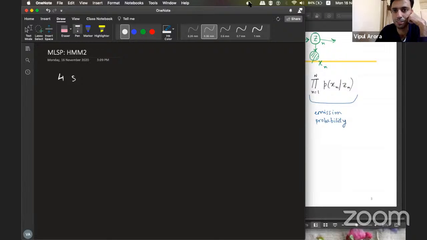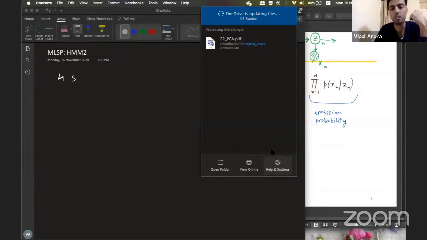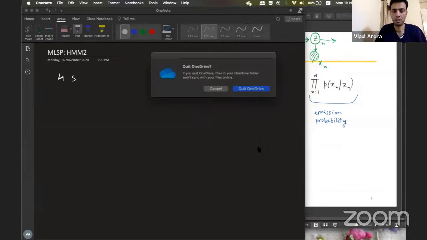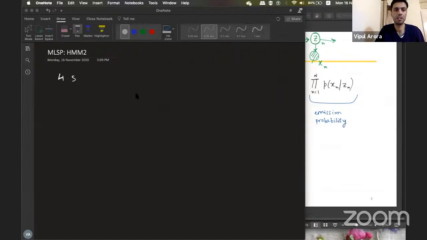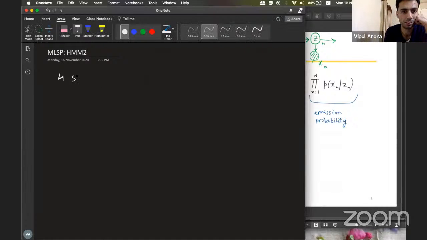I should turn off some of the applications. So my hidden variable will be a season, and it should be a discrete variable, right? I don't know why it is moving so slow.